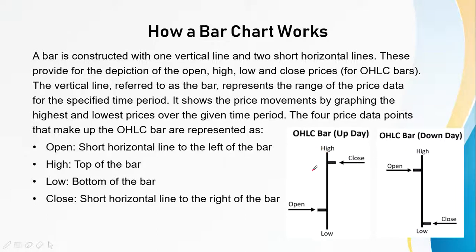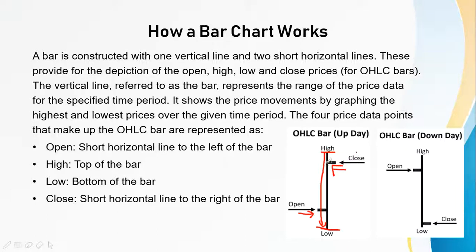In this example, this is the high price and this is the low price. If we have a daily chart, this entire range is the trading range of the day. And here we have the opening price and here we have the closing price.